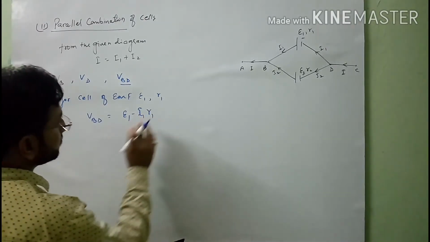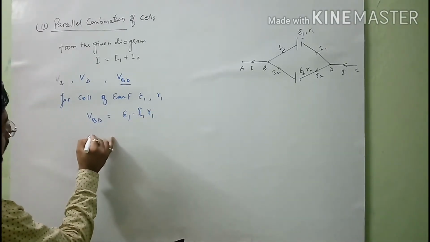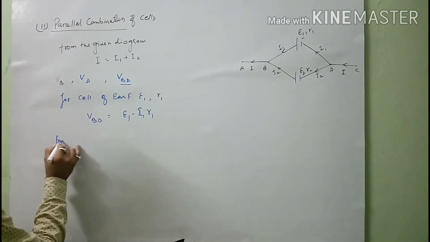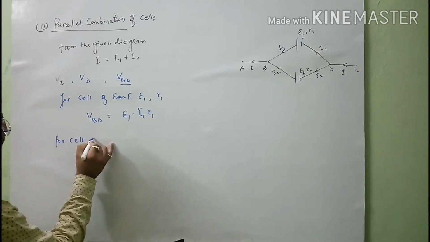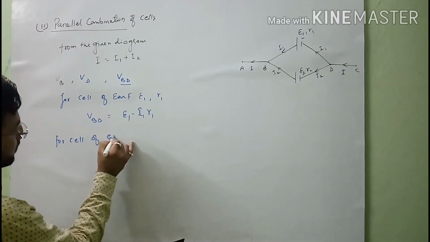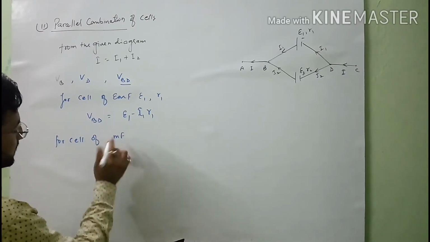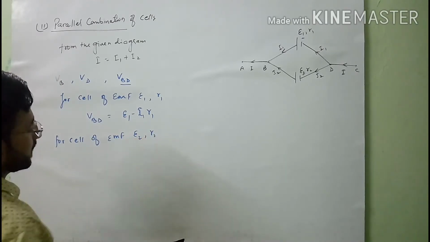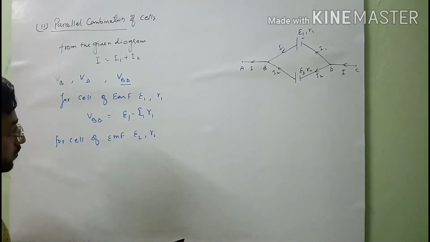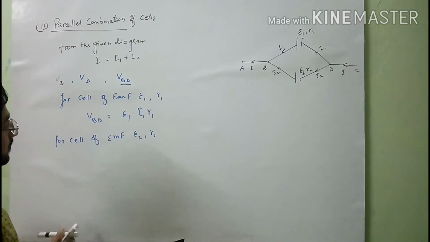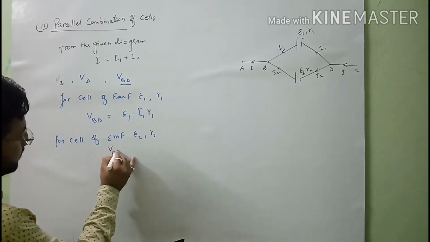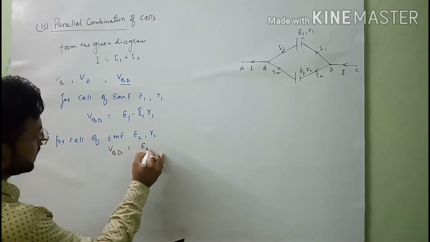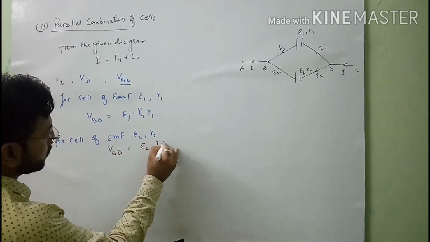And here, VBD for the cell of EMF epsilon 2 and internal resistance R2, we can write the value of VBD, which is VBD is equal to epsilon 2 minus I2 R2.